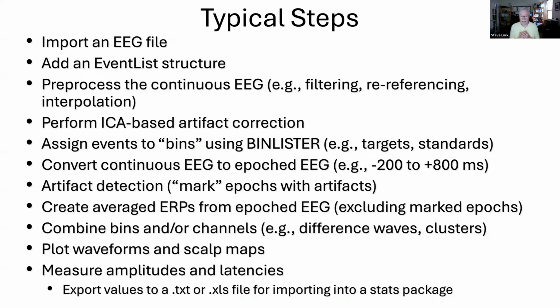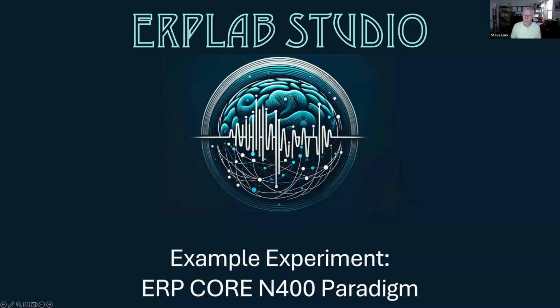I don't want to be responsible for people using the wrong statistical techniques. So you're on your own for statistics, but we allow you to export the data in a format. We have a couple of different export formats for the amplitudes and latencies that are convenient for different kinds of statistical packages. Okay, so those are the steps, and we're going to demonstrate them today with a particular experiment.